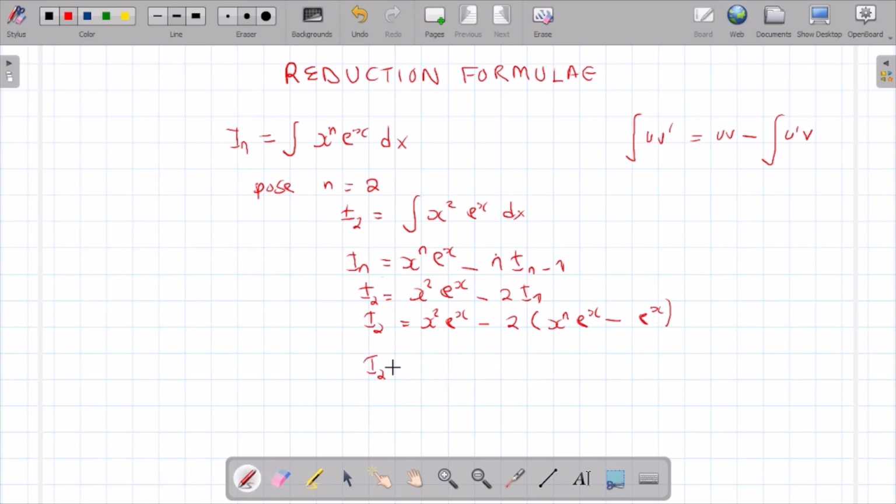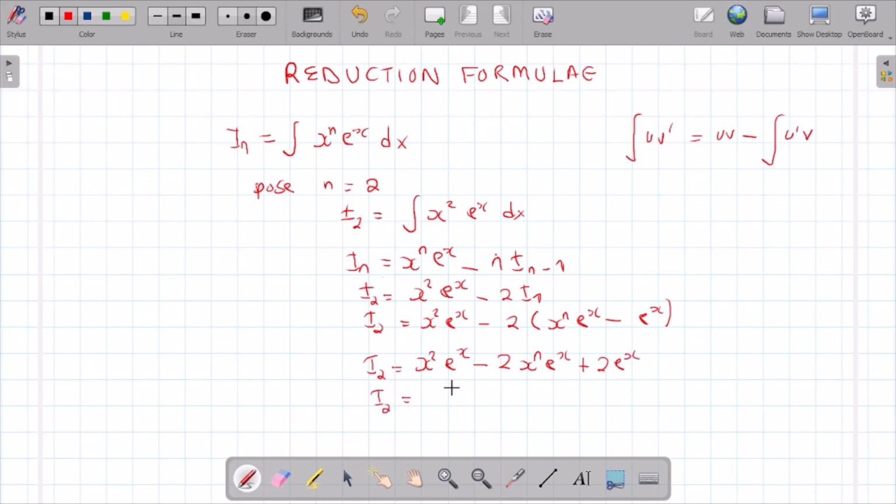So I of 2 is going to be equal to x to the power of 2 e to the power of x minus 2 x to the power of n e to the power of x plus 2 e to the power of x.